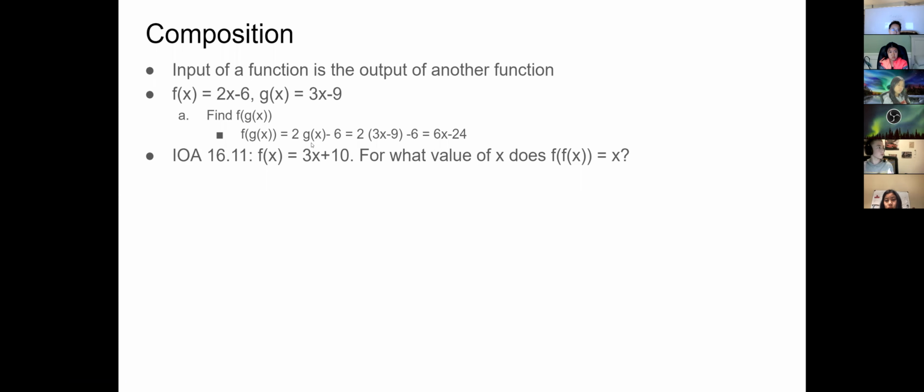And g(x) is 3 times input minus 9. So 2 times (3x minus 9) equals 6x minus 24. Okay, it's just the composition. You always remember what this function is doing and what is their input variable. Okay, if no question, let's move on to this next one.